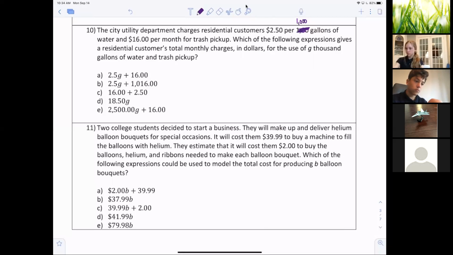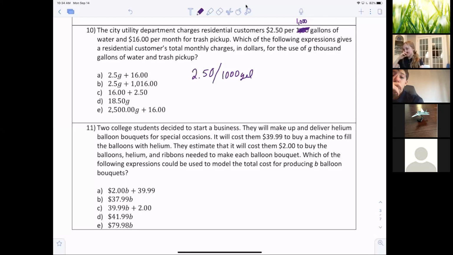So that means if you use 1,000 gallons, they're going to charge you $2.50. If you did 5,000 gallons, you're just going to do 5 times 2.50.